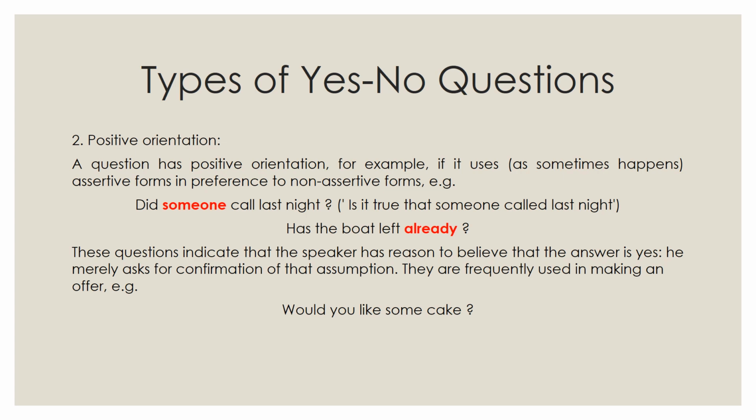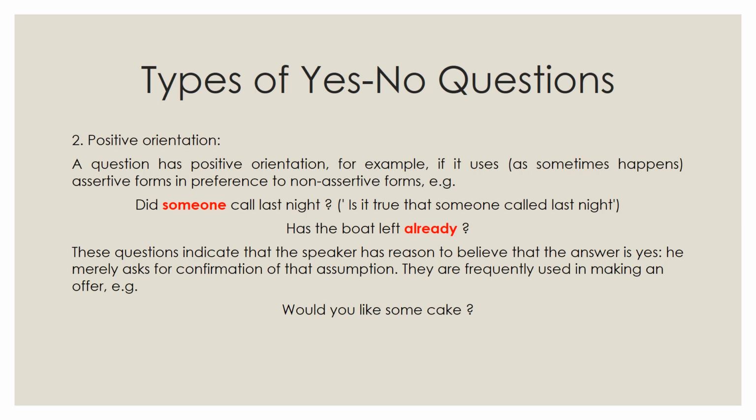Yes/no questions with positive orientation are frequently used in making an offer. For example, would you like some cake? Suppose that you are in a restaurant and the waiter has come to you and asked, would you like some cake? You are sitting in the restaurant to have something to eat.